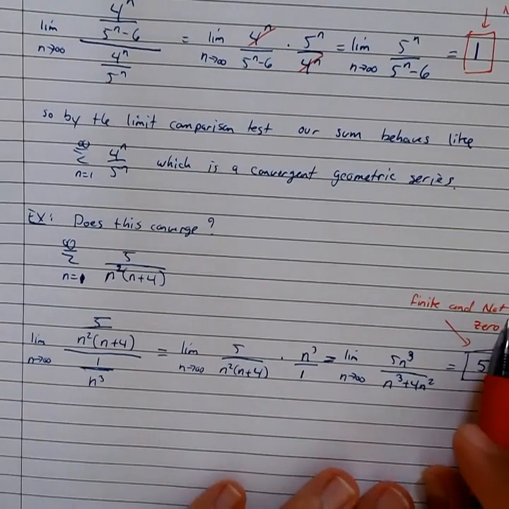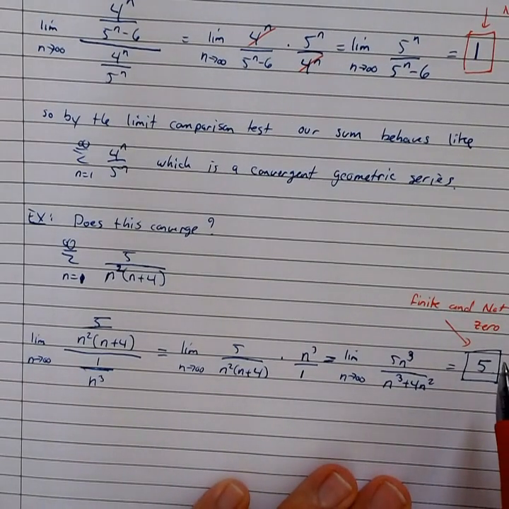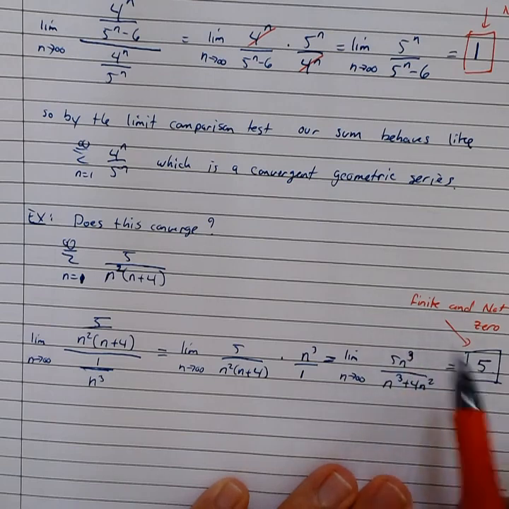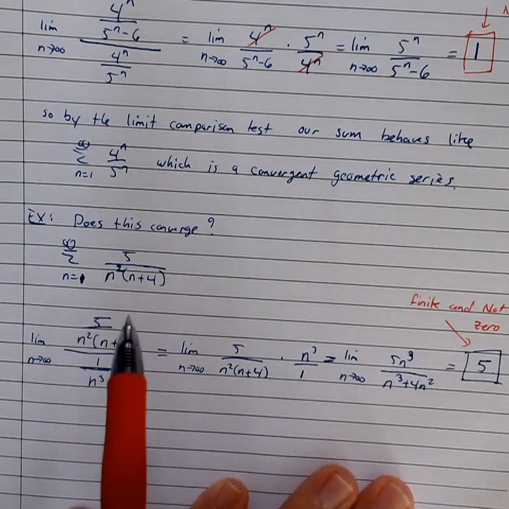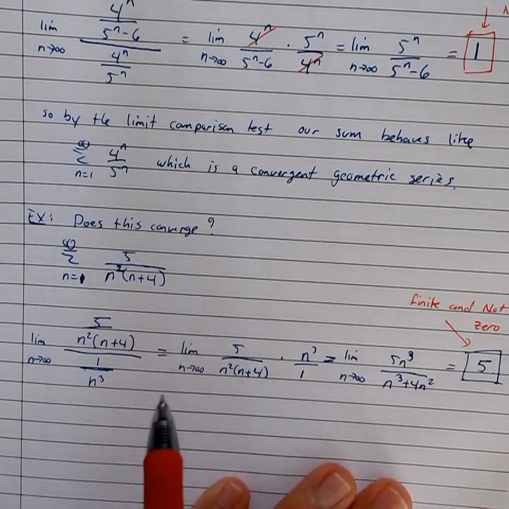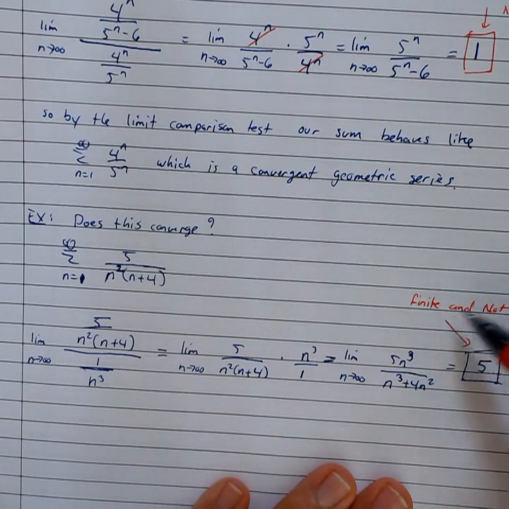Incidentally, if this is 0, then the test fails. If this is not finite, if it's infinite, the test fails. That doesn't mean that we found that something converged. It doesn't mean that we found something diverged. It just means we have no idea. So here, this must be finite and not 0. If this is infinite or if this is 0, we don't learn anything about the series.